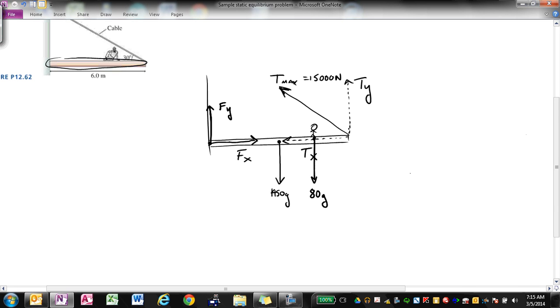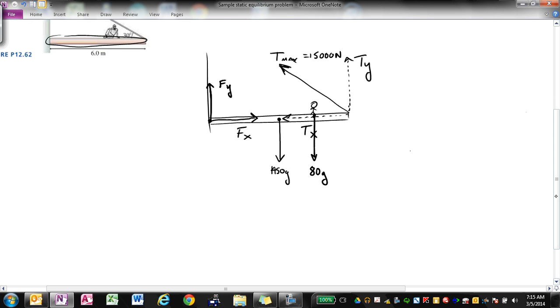Okay, so 1, 2, 3, 4, 5 forces to deal with. And I guess what we'll do is balance the forces first. So let's do this. Sum of the forces is equal to 0, and that's going to be true for both the y direction and the x direction.